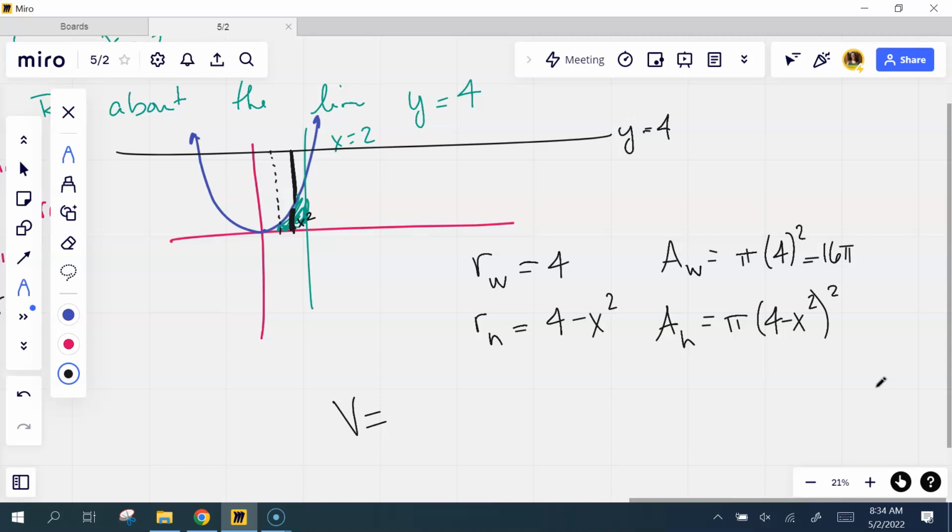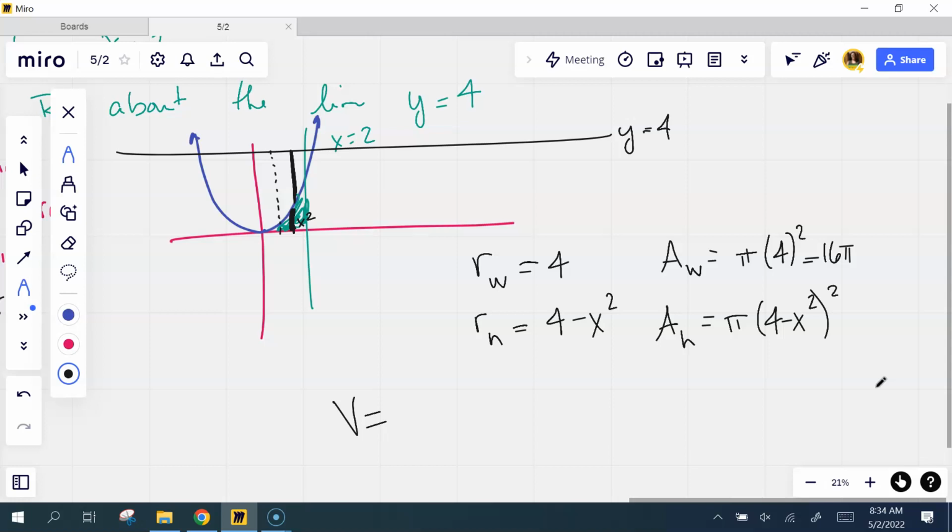Okay, so since we're dealing with y values, when you're doing a rotation around the x-axis or a line y equals, you're doing it with respect to x. The only time it changes with respect to y is if you're doing a rotation like this.